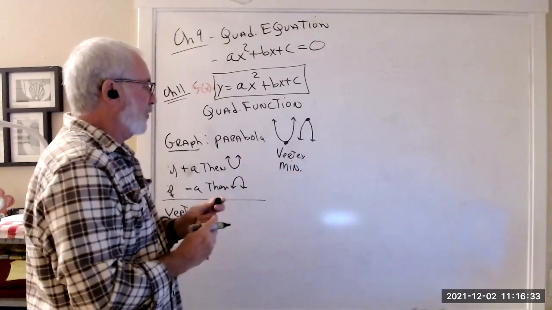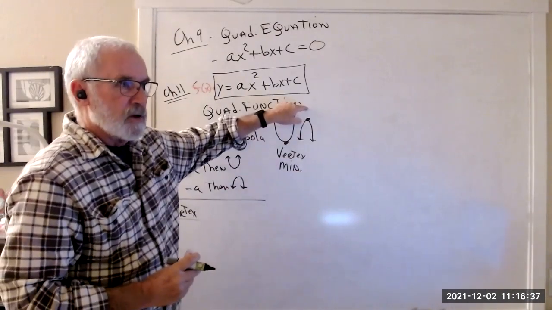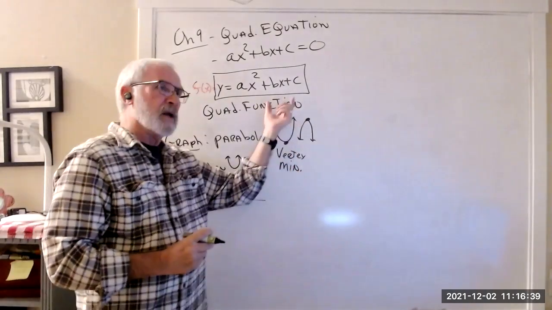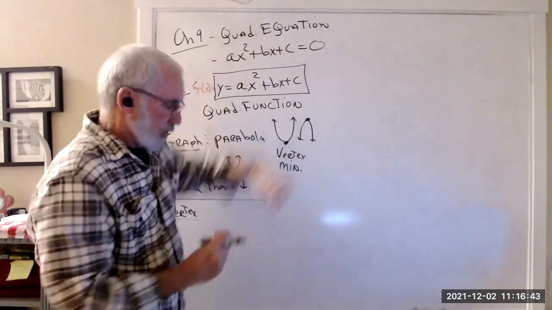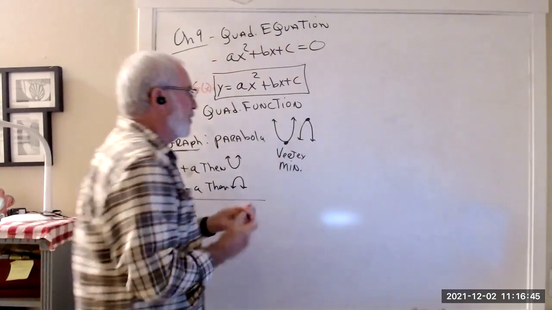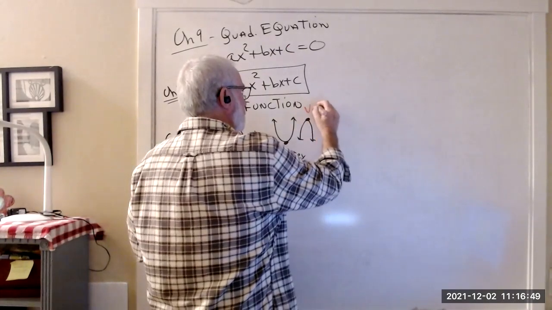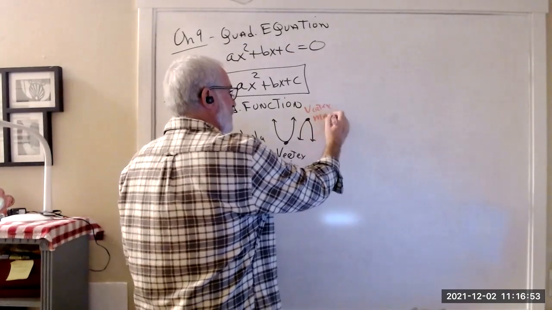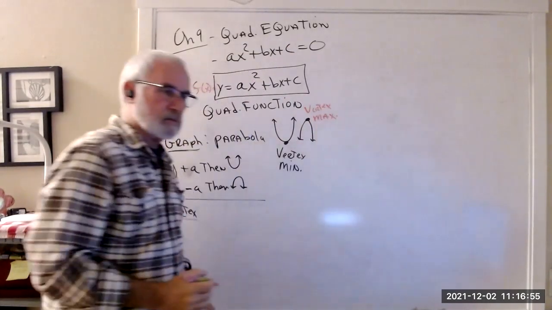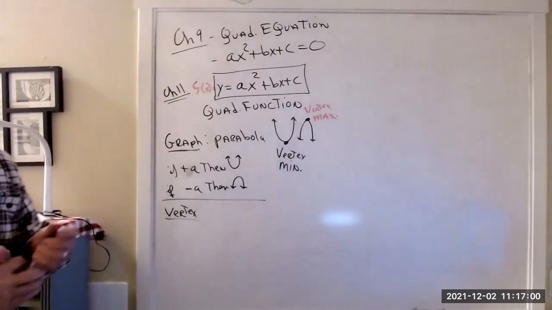The vertex is either the lowest point or the highest point on the curve. If the curve is going up, then the vertex is the lowest point. If the curve is going down, then this is still called the vertex, but now it's called a max. It's the highest point. So that's called the vertex.